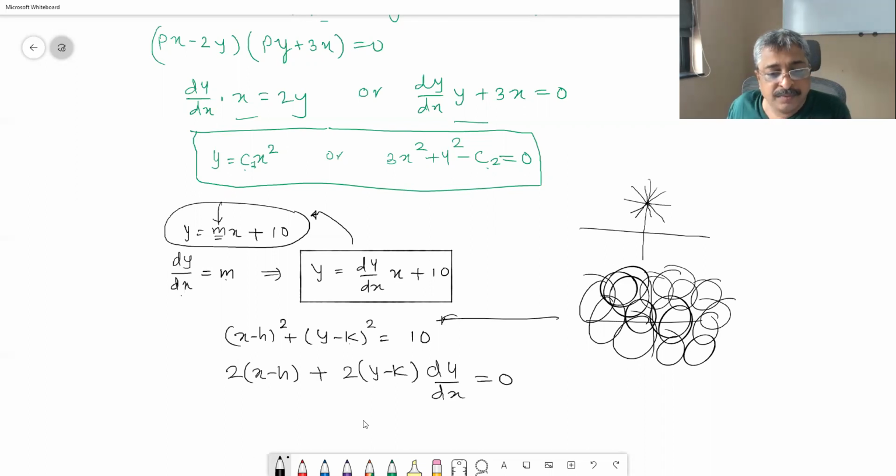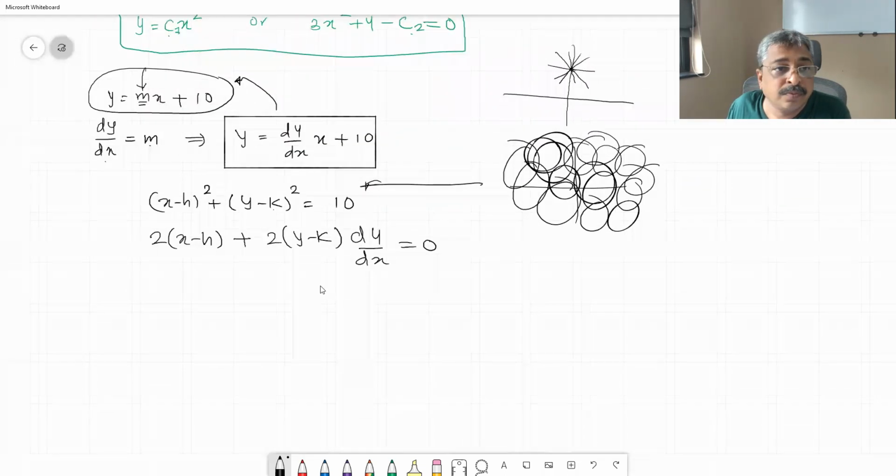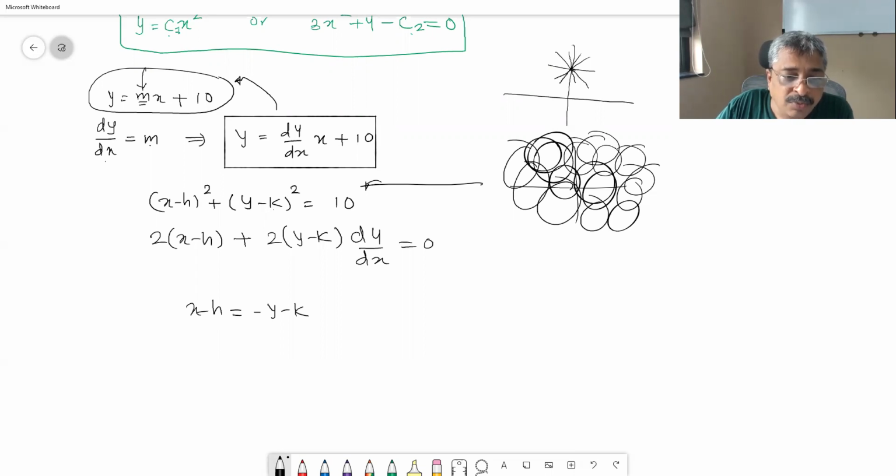That gives me the value of y minus k. I will not jump. I am old, I should perform a couple of steps. So x minus h is equal to minus (y minus k) times dy by dx.